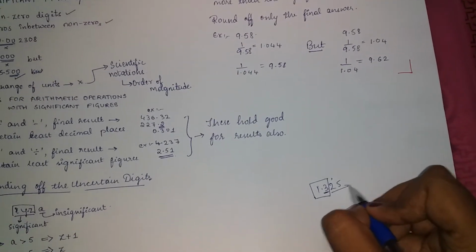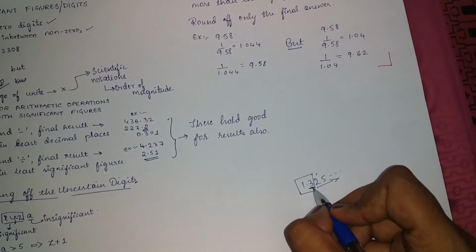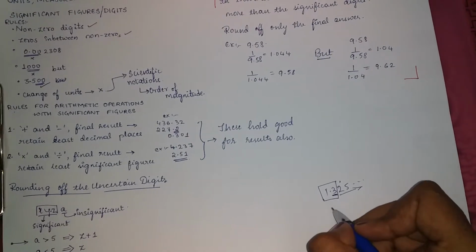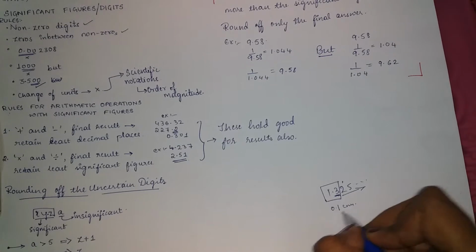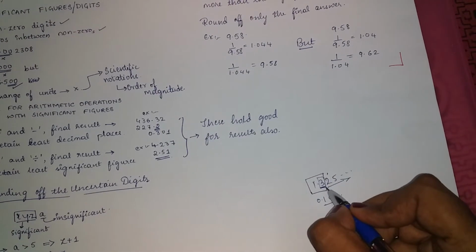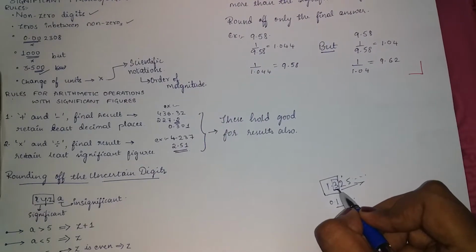Any number of digits here will become uncertain, including this 3, because that is the least count of the meter scale, 0.1 centimeters. So this digit is the first uncertain digit.